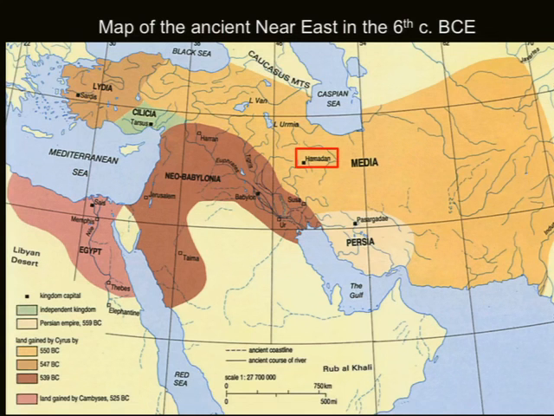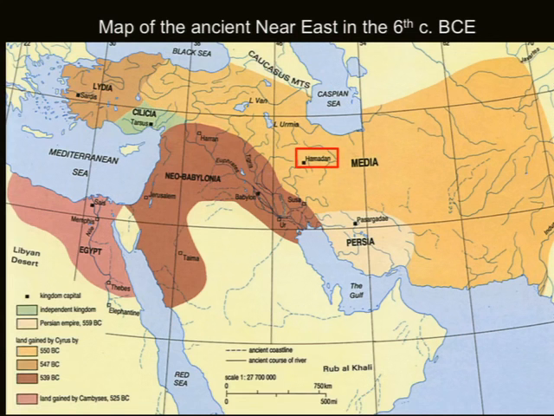So they take over Urartu and eventually control a vast empire that stretches all the way from the Anatolian Peninsula, here, the Halys River, all the way as far east as northeastern Iran. And again, we know quite a bit about the Medes from Assyrian sources, from Babylonian sources, and also Greek sources like Herodotus.